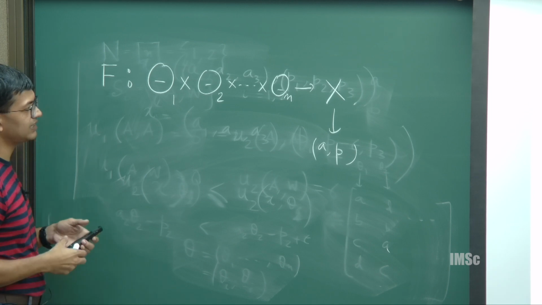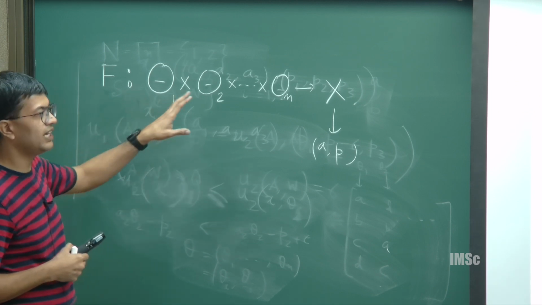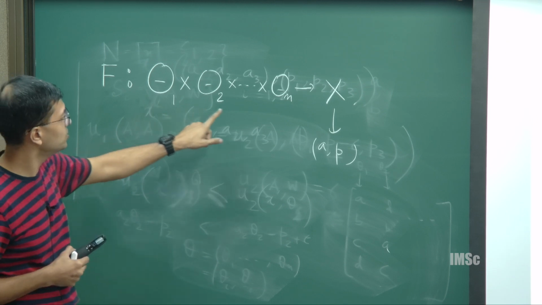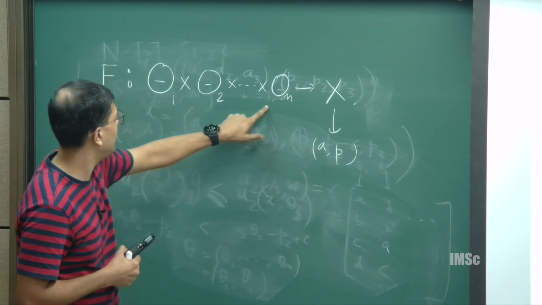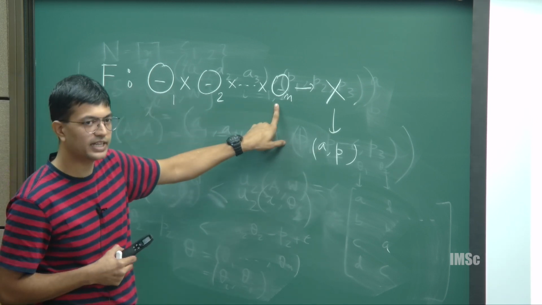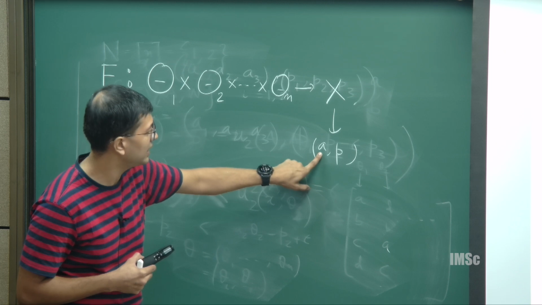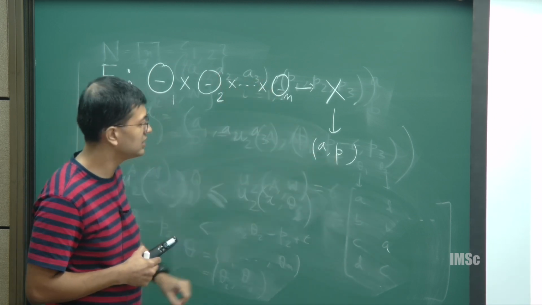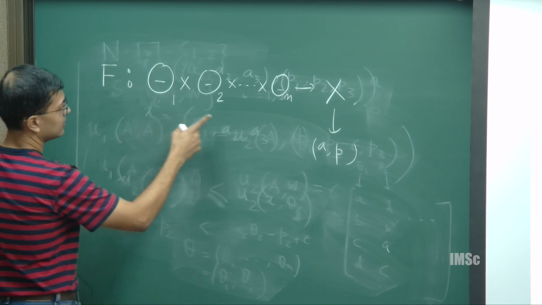For single object allocation, I want to get to some allocation where whoever has the highest valuation for that item, I give the item to that agent, and some payment. We have not discussed this. So this is the first component.